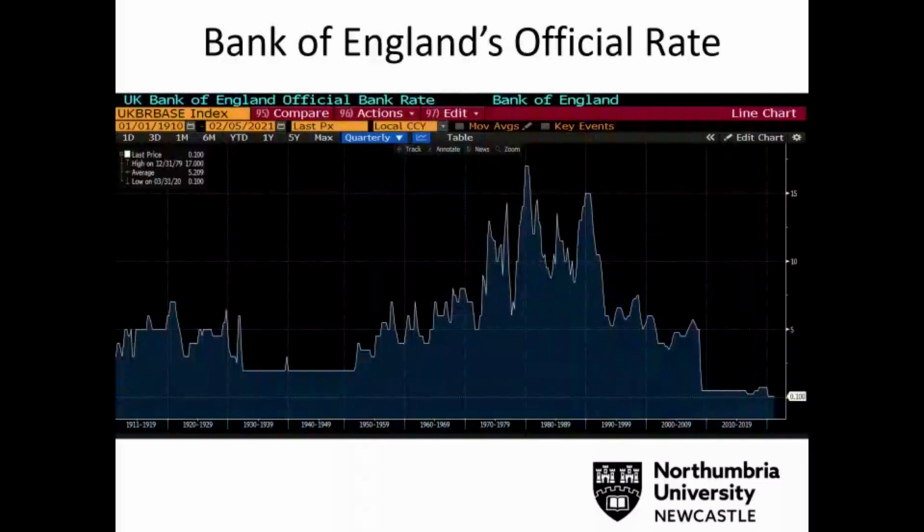If we have a look at the historic trend of the Bank of England base rate, the real rate, you can see right on the far right that at the moment it is 10 basis points, and that is the lowest point it's ever been in the history of the Bank of England base rate. And this is going back to 1911.